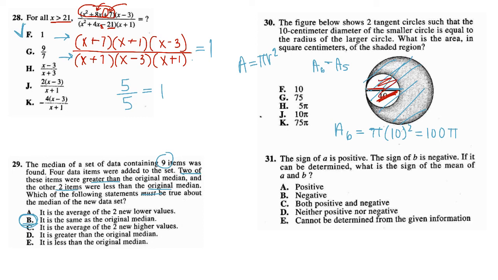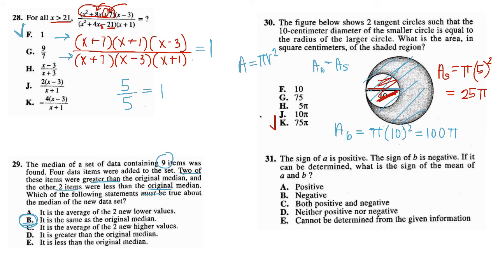So the radius here is just 5. So the area of the small is going to be pi times 5 squared, which is not 10 but 25 pi. And if we subtract those two, it looks like we're going to get 75 pi. That's going to be the value of the larger, or the shaded area, sorry.